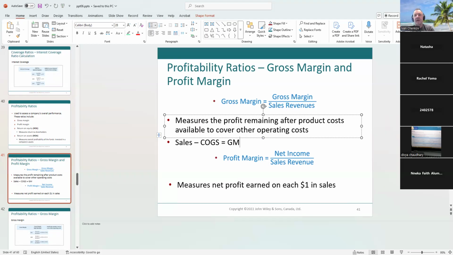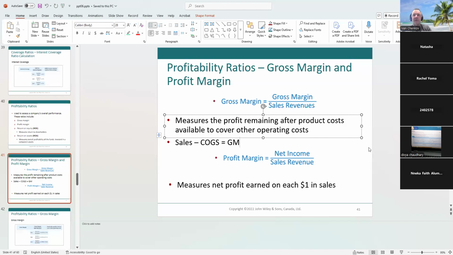So I'm chasing how much I'm generating from the main purpose for which I opened my business. The other way to see it is how much from every dollar of sales it takes me to pay the cost of that sales, and what stays with me.